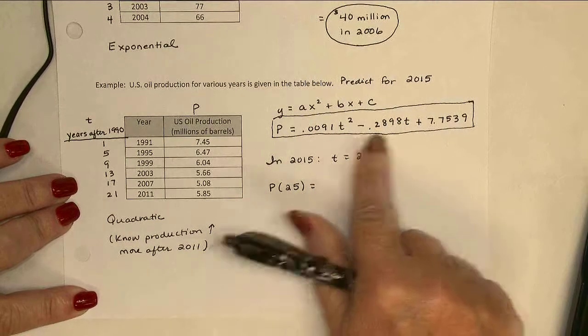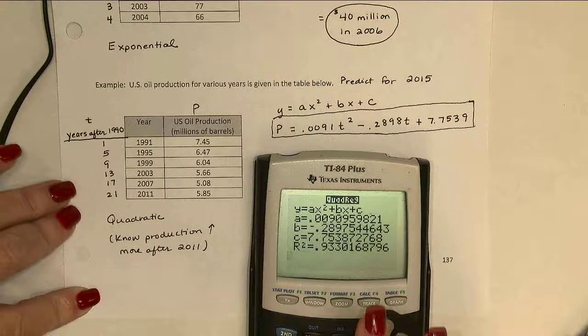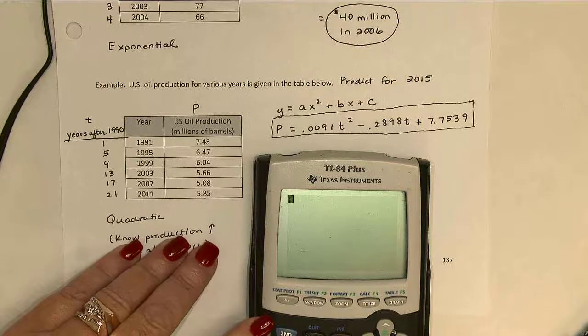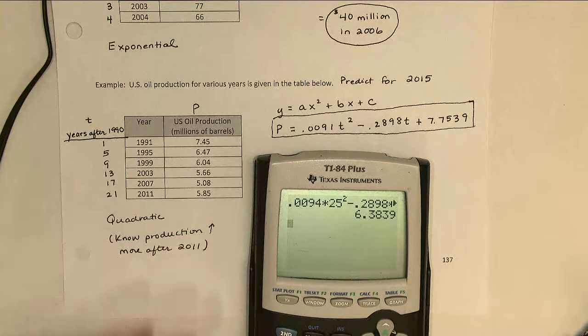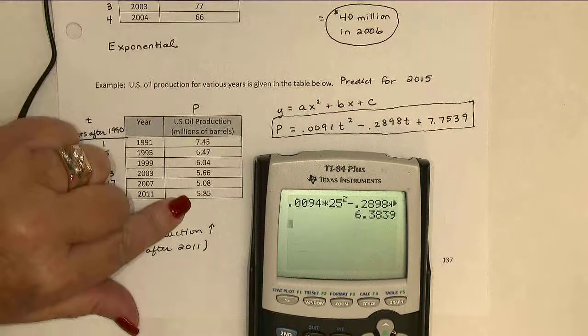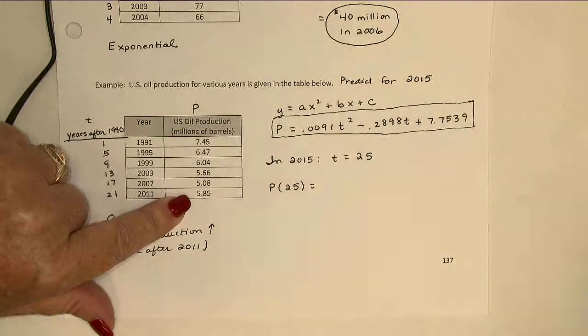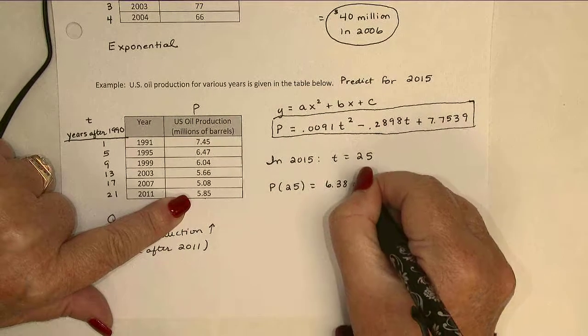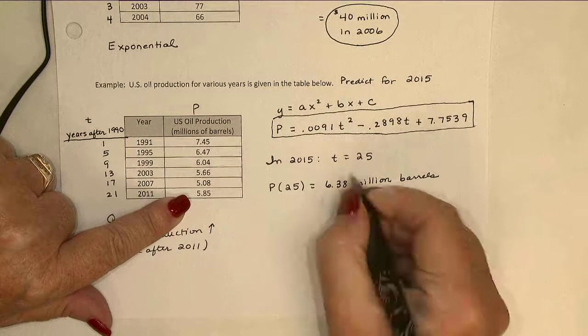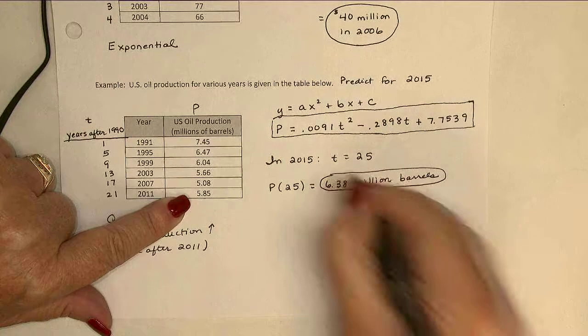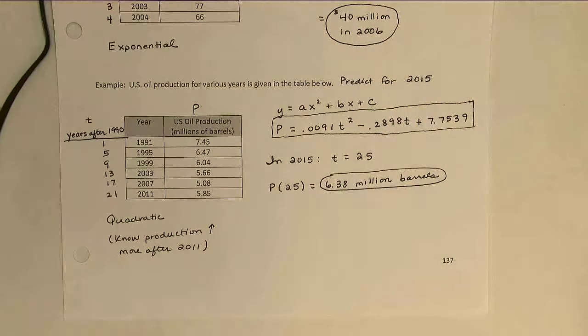And if I just plug 25 in for those T values, I'm getting about, 2 decimal places, 6.38 million barrels. That would have been this model's prediction for 2015.